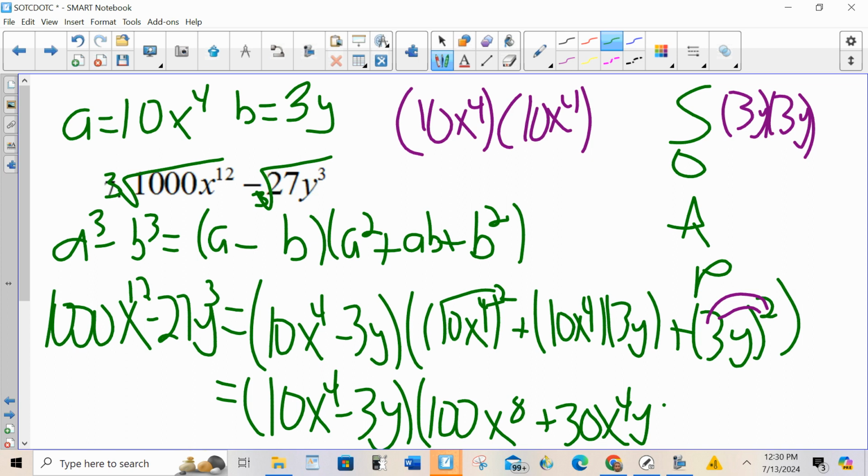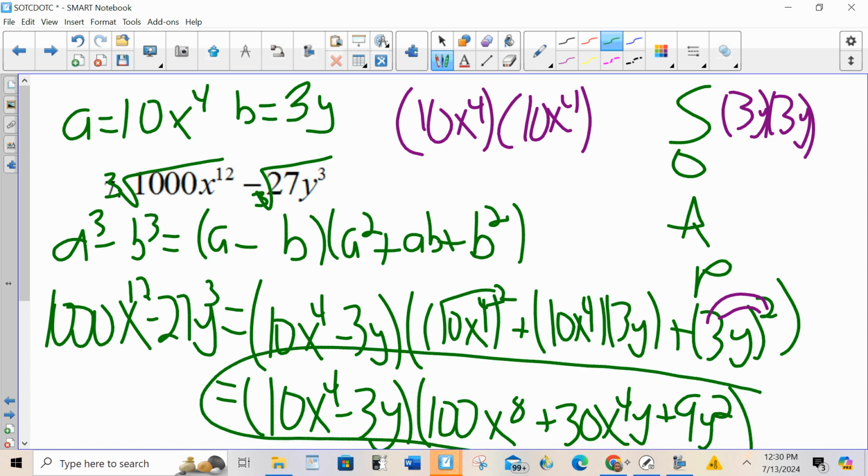Either way, it's plus 9y squared. So if your a and b have multiple variables or coefficients, when you're subbing into a squared plus ab plus b squared, I would just do them in a separate step.